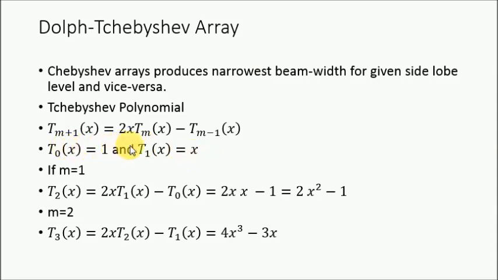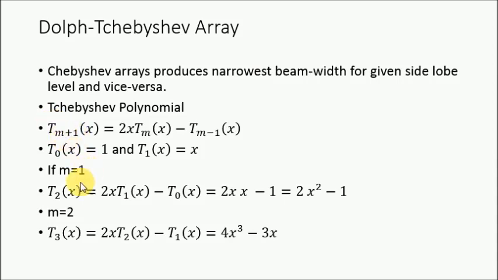Now you remember that the formula is Tm+1(x) is equal to 2x Tm(x) minus Tm-1(x). And given that T0(x) is always 1 and T1(x) is always x, you remember these two values.